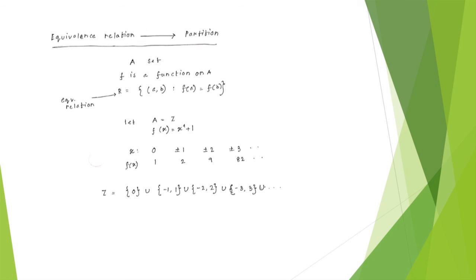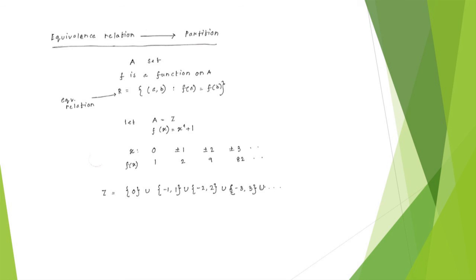It is reflexive because f(a) equals f(a) for all a belonging to A. It is symmetric because if f(a) equals f(b), then f(b) equals f(a). And it is transitive: if f(a) equals f(b) and f(b) equals f(c), then obviously f(a) equals f(c). So the set R satisfies all three properties required to be an equivalence relation. Hence, it is an equivalence relation on A.